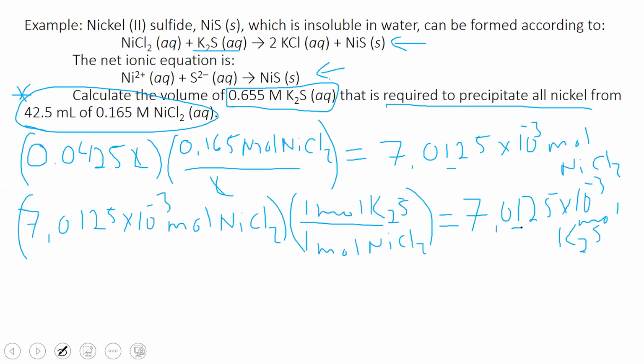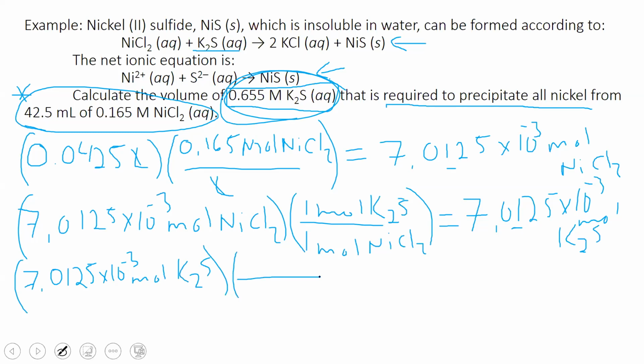Okay. And so once you know how many moles of potassium sulfide you have, you can use this concentration here. You divide by concentration, so you take that 7.0125 times 10 to the minus 3 moles of K2S, divide by the concentration, 0.655 moles of K2S per liter.